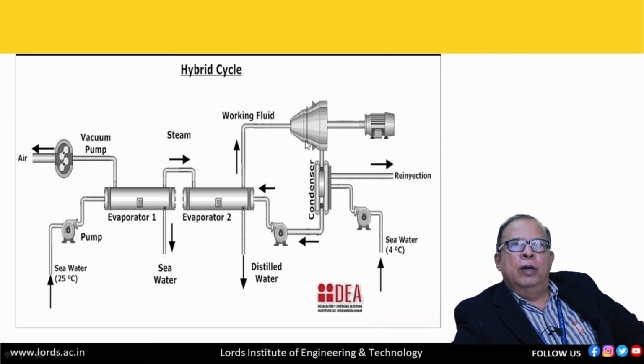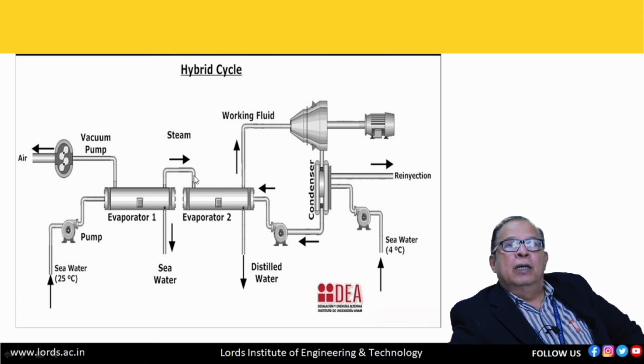The working fluid, which is ammonia, the exhaust ammonia, is again condensed in a condenser using cold seawater, which is at 4 degrees centigrade. So liquid ammonia will be transferred using the pump to the evaporator, and this cycle will repeat, and then again we get this seawater.